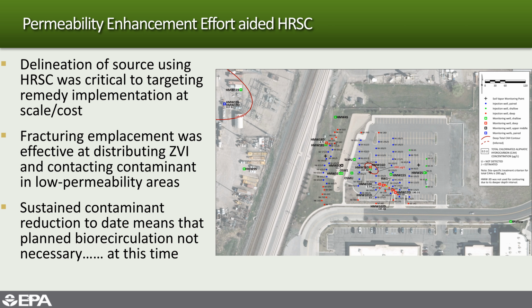However, the fracturing has done such a nice job and the data looks so promising that to date the biorecirculation is not necessary, but recent data has shown a little bit of an uptick in a couple of concentrations that we need to keep an eye on that may be diffusion limited or diffusion impacts that could be addressed with the biorecirculation if necessary.